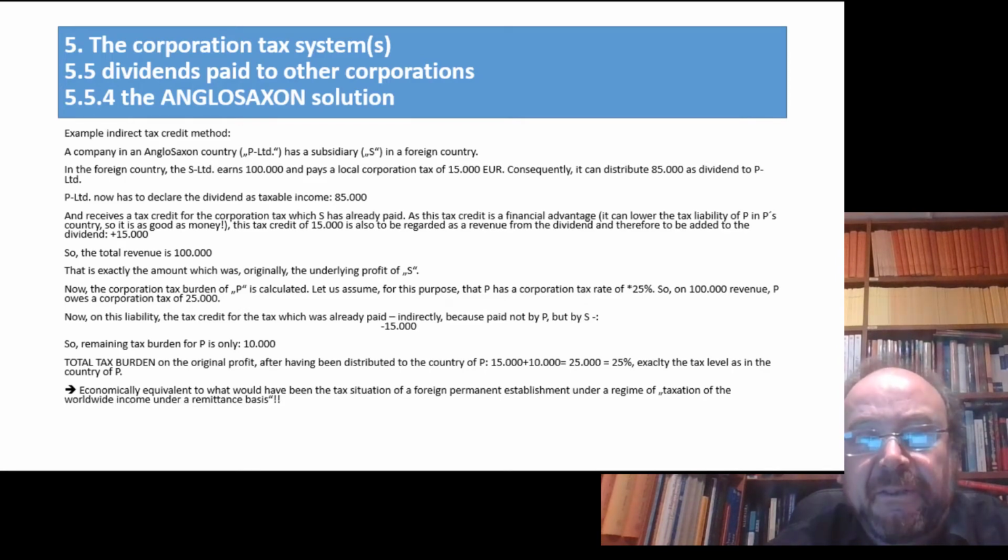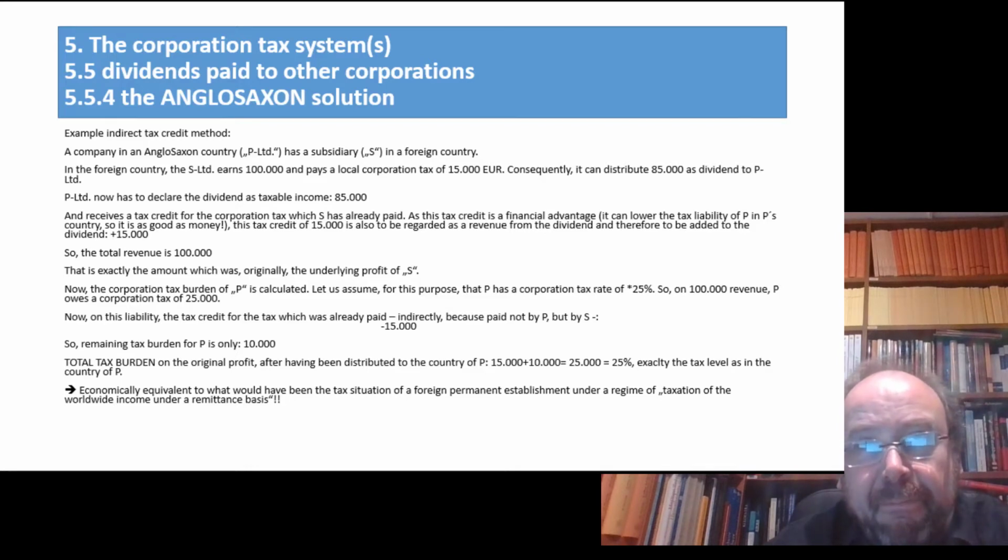If you still remember what I told you about a peculiar tax regime in England and other Anglo-Saxon countries some decades ago, that was the taxation of the worldwide income on the remittance basis. Then you see the tax system here says, okay, as long as the money stays invested in the subsidiary, the tax burden is 15,000.